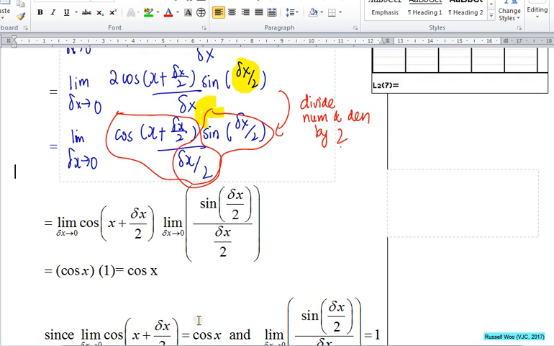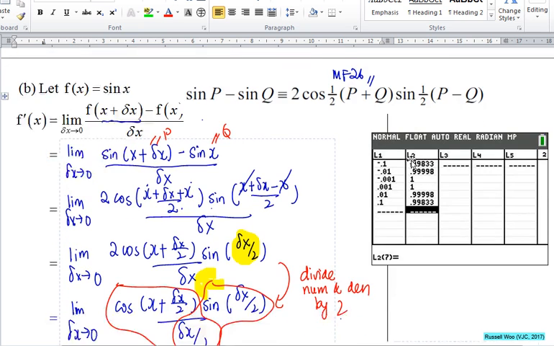Now, this one is not difficult. As delta x tends to 0, you get cosine x. What happens to that? This is the question I gave you just now, right? What happens when you have sine x over x? You get 0 divided by 0, right? But if you use your GC to calculate this, this screenshot here tells you this.